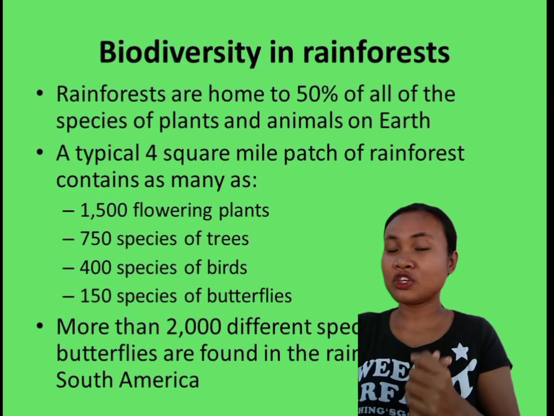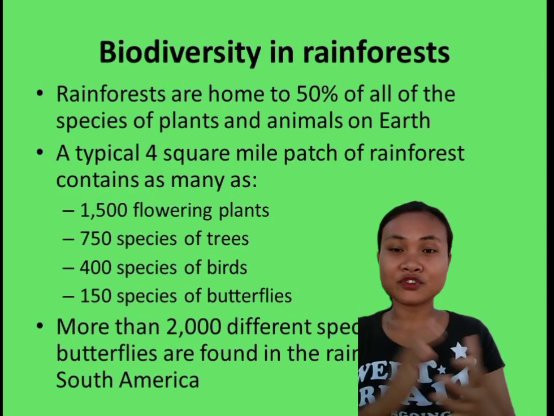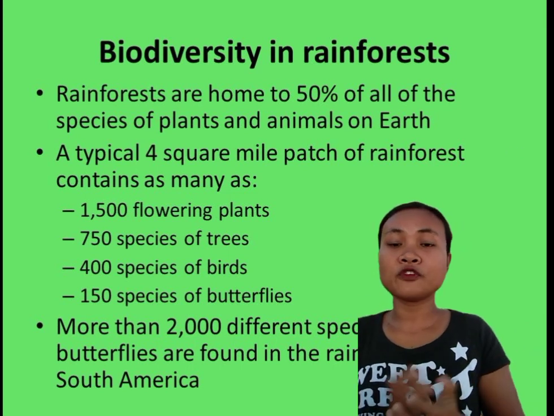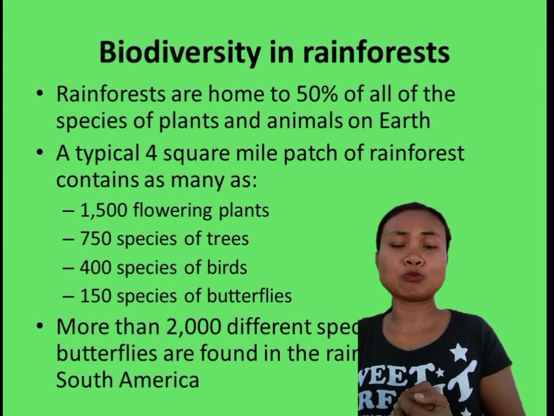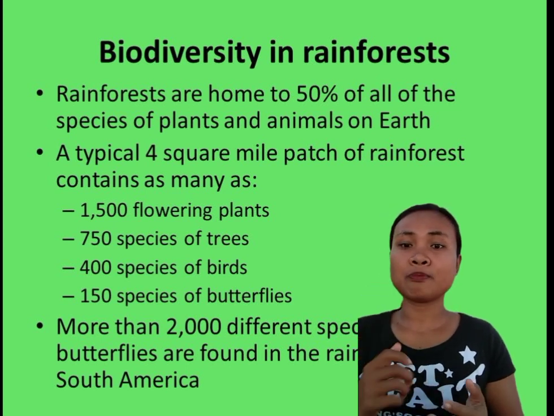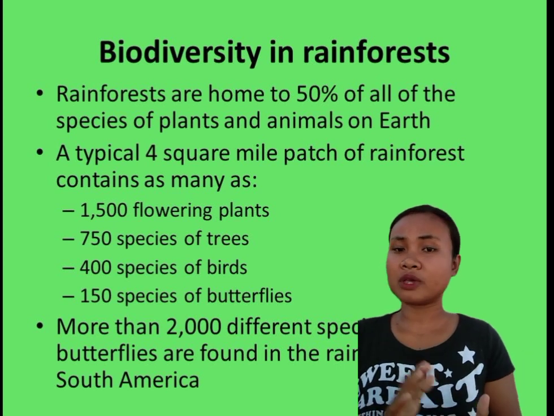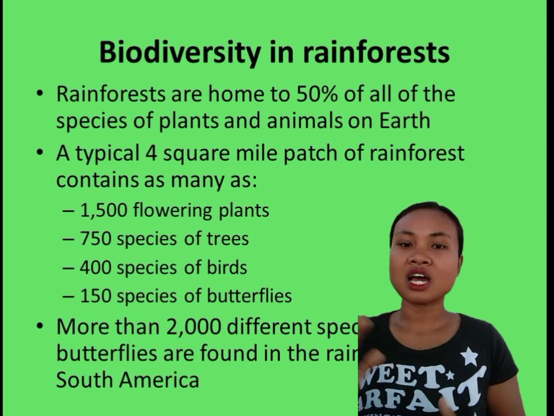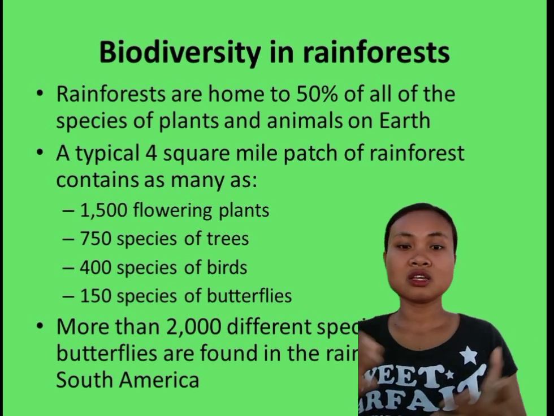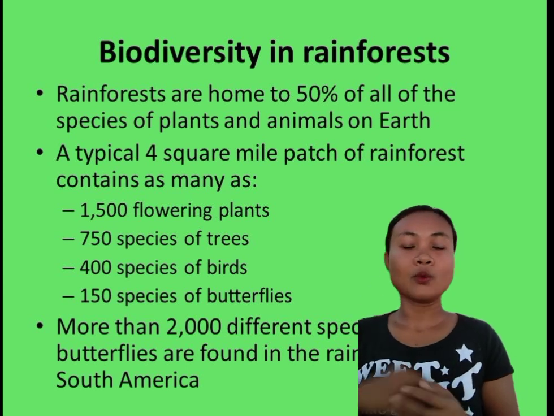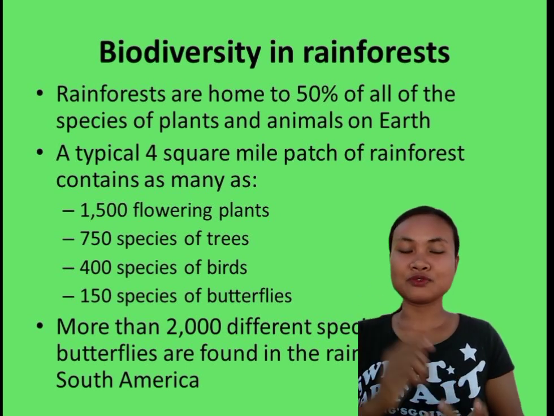So, let's go to the biodiversity. Biodiversity in rainforest. Rainforests are home to 50% of all the species of plants and animals on Earth. A typical 4 square mile patch of rainforest contains as many as 1,500 flowering plants, 750 species of trees, 400 species of birds, 150 species of butterflies.